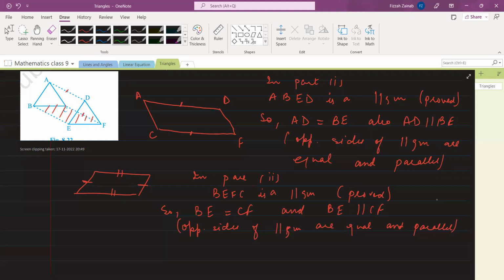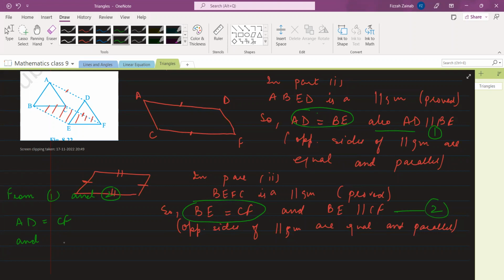One, and this is your result number 2. Now you just compare both the results. So from 1 and 2, you can see AD is equal to BE and BE is equal to CF. So that means AD is equal to CF, right? Both are equal to BE. And now see, AD is parallel to BE and BE is parallel to CF, right?